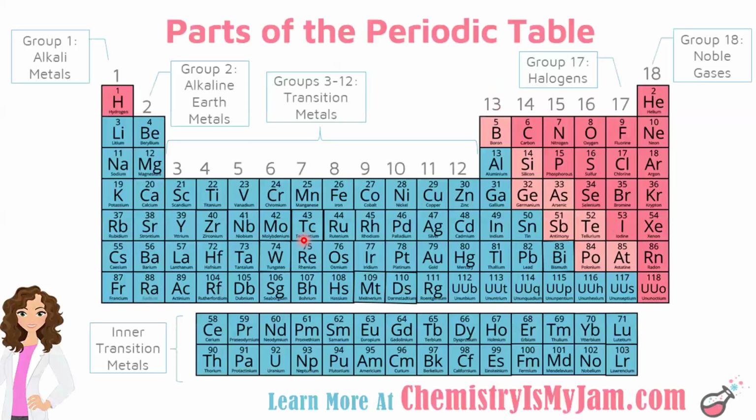This is SF6. I wanted to show you one that has what we called an expanded octet. An expanded octet is when something can have more than its octet. What happens here is if you deal with elements that are in period 3 or below, these guys all have an empty D subshell.